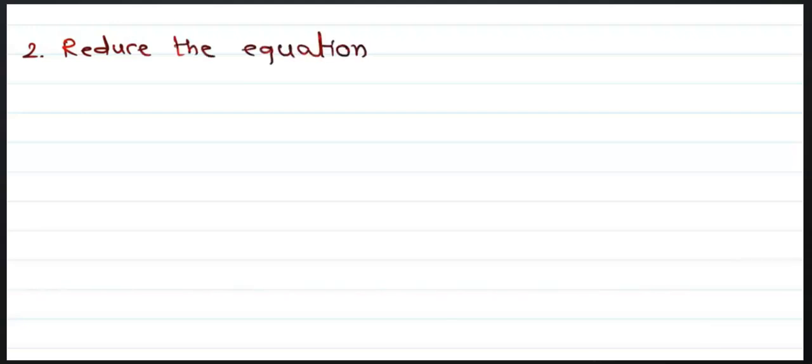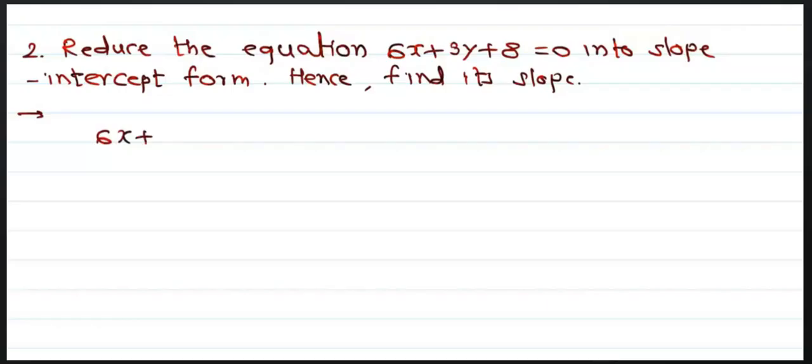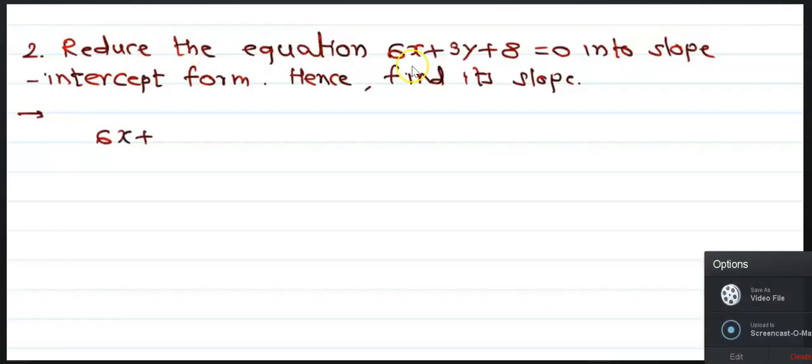Reduce the equation 6x plus 3y plus 8 is equal to 0 into slope-intercept form. Hence, find its slope. That is, y is equal to mx plus c.